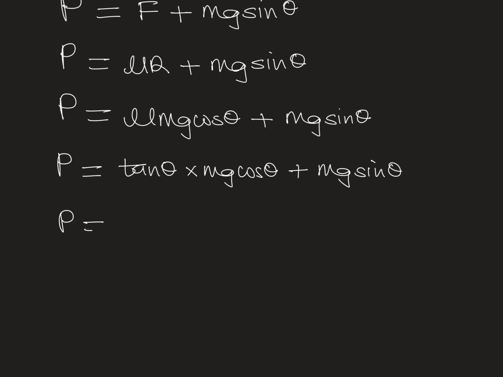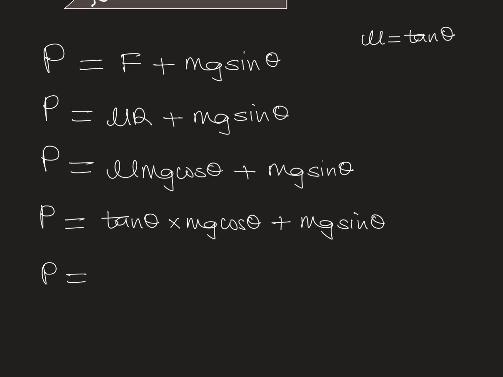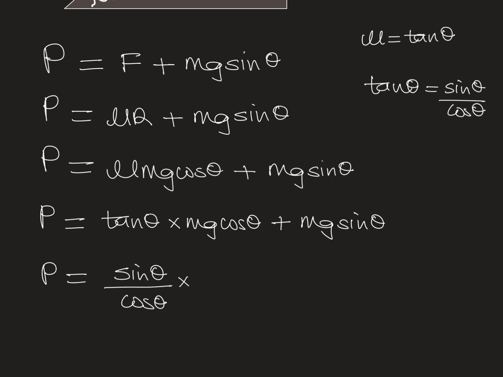So that will be P is equal to, what is tan theta? We know that tan theta is equal to sine theta divided by cos theta, right? So we're going to substitute that. That will be sine theta over cos theta, then multiply by mg cos theta plus mg sine theta.